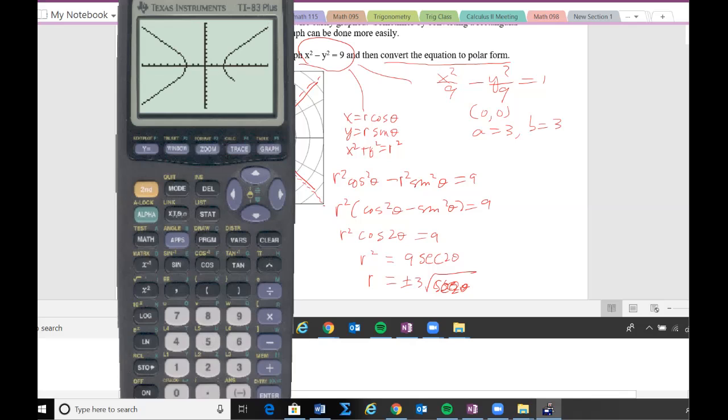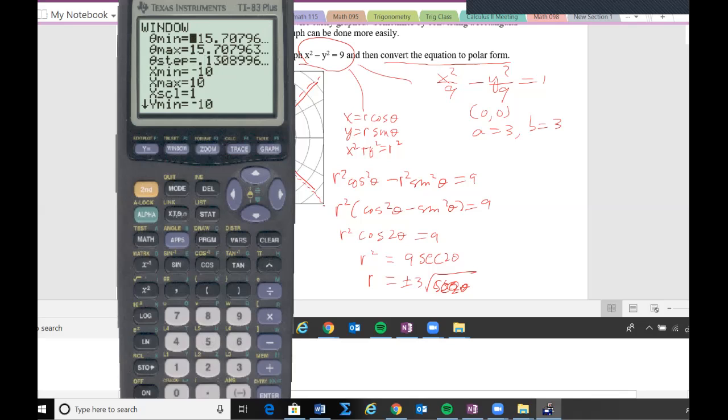That wasn't enough to pick up that last one. So different windows you have to play with to make sure you get the full graph. It's not predictable what's going to happen.